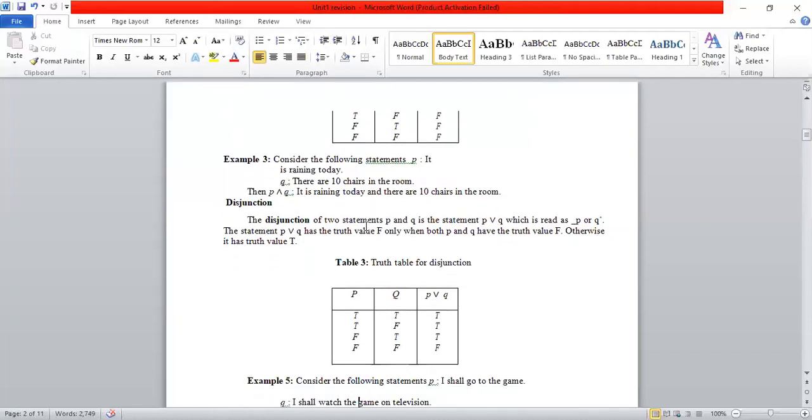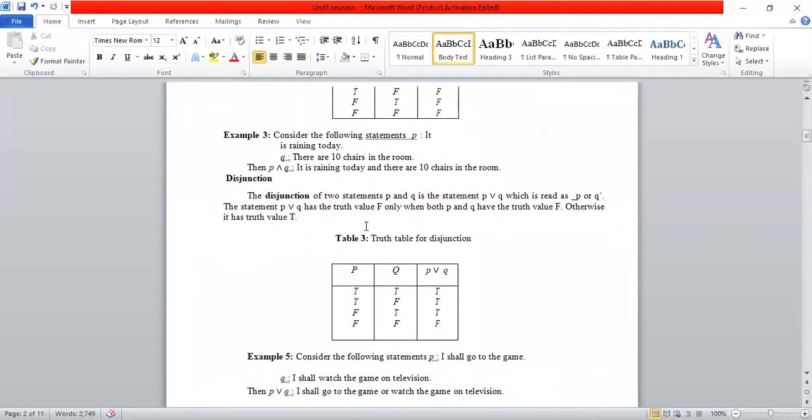Coming to the disjunction, this is one of the connectives. Here also we consider two statements P and Q. The disjunction of these two statements is denoted by P ∨ Q, which is read as P or Q. The statement P or Q has the truth value false only when both P and Q have a truth value false.